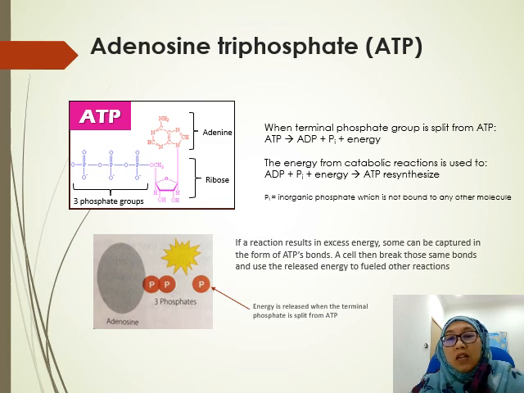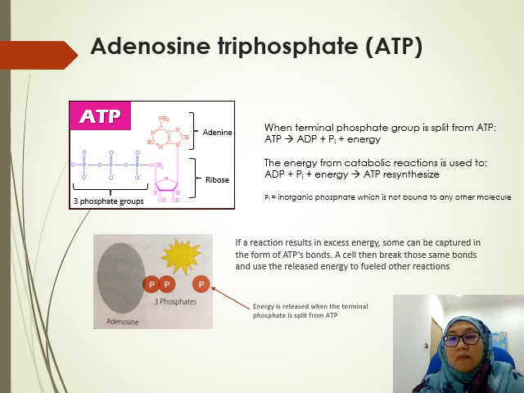So you have only 2 phosphates in the molecule, and then the energy from the catabolic reactions is used to combine ADP and the phosphate group to resynthesize ATP.